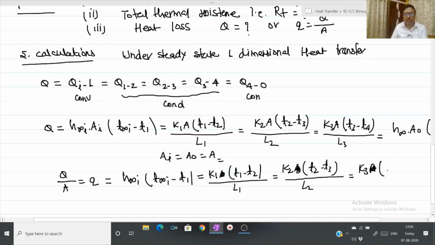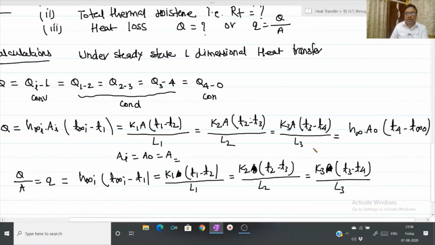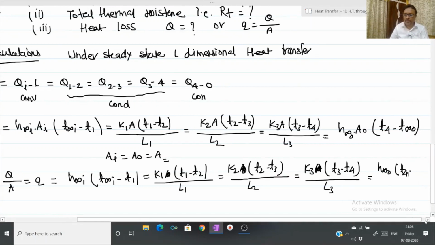Area I have taken common. And finally, h infinity o into T4 minus T infinity o.